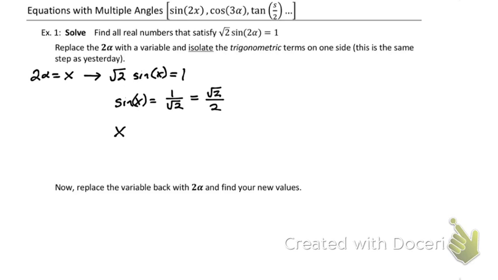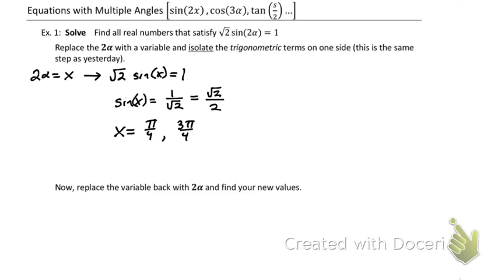So that gives us 2 possible x values. What are our 2 possible angles that will result in square root of 2 over 2 if I plug it in for that sine? Yeah, pi over 4 and 3 pi over 4.